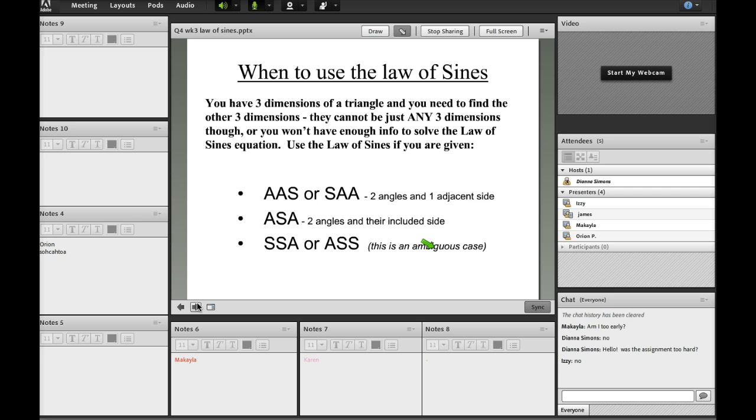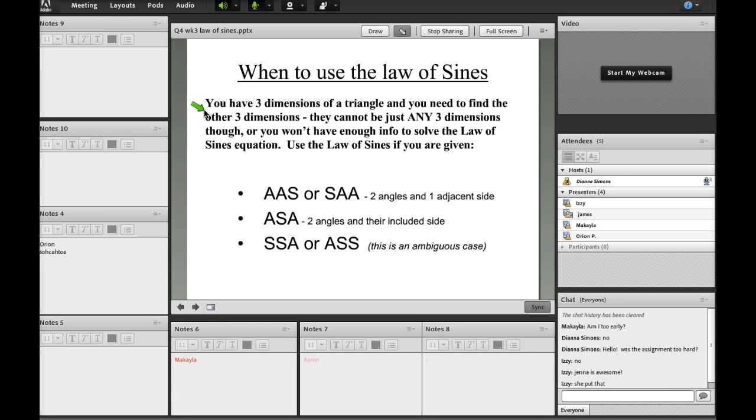Orion just told me that the other thing I should say is that you can flip them. So it can be sine A over side A, sine B over side B, and sine C over side C.